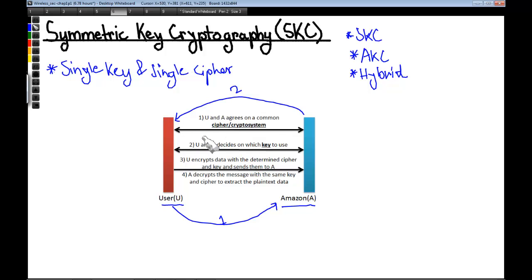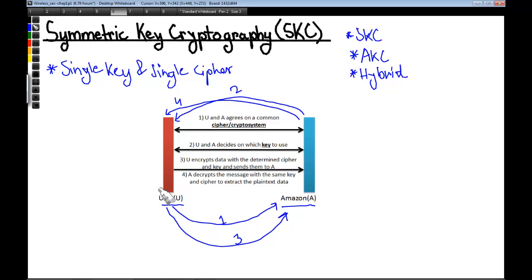Then U asks A, is there anything else that I need to do? Then A tells U that we have a key that represents that cipher. That cipher needs to be stored inside your computer, but this key needs to be used every time you want to purchase something from our store.